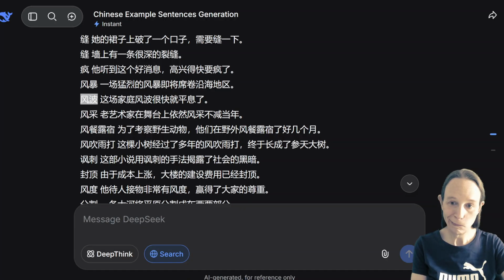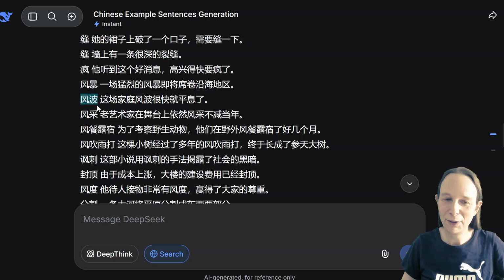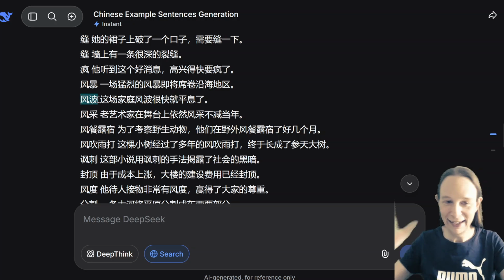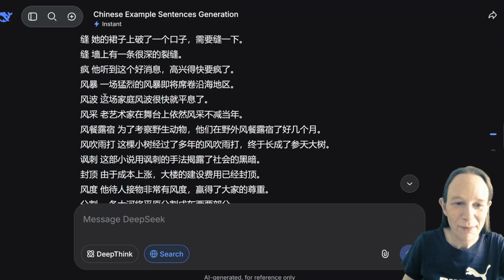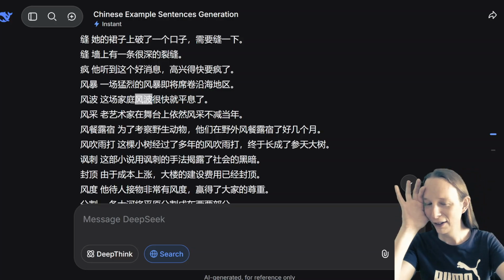All right. 风波. I don't know this word. It says wind wave. What's a wind wave? Could it be like sound? Vibrations of particles? 这场家庭风波很快就平息了. Okay, so the 风 is not literal wind.